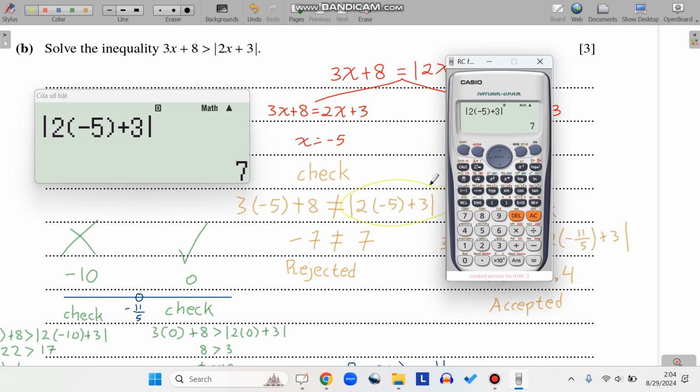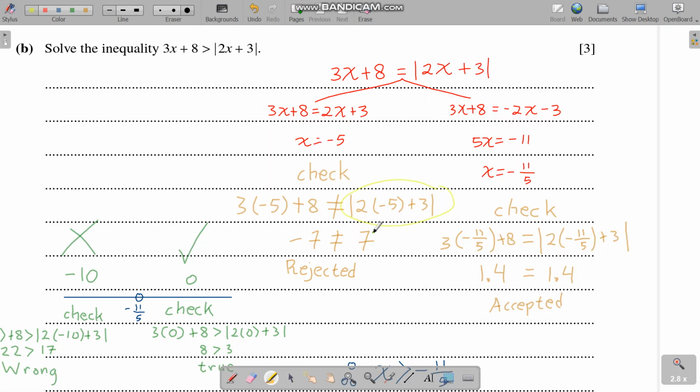So in your calculator you might have to use the ABS function here. ABS is for absolute, or maybe you can use the absolute symbol, it depends on your calculator. So if you use your calculator, you will get positive 7. Now minus 7 is of course not equal to 7, so this doesn't make sense, this is rejected, so this is a fake critical point, we cannot use it.